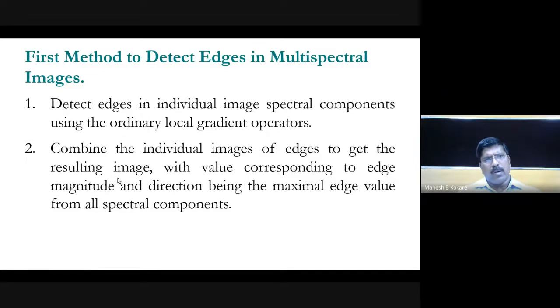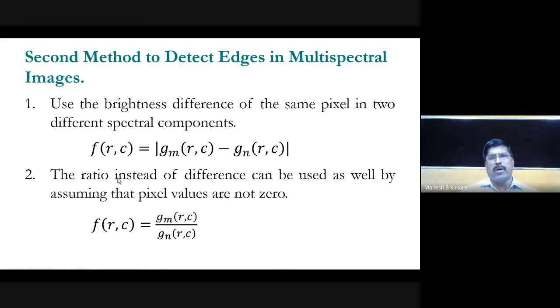Now the second method for detecting edges in multispectral images is that, instead of applying gradient operators on individual planes, you use the brightness difference of the same pixel in two different spectral components.